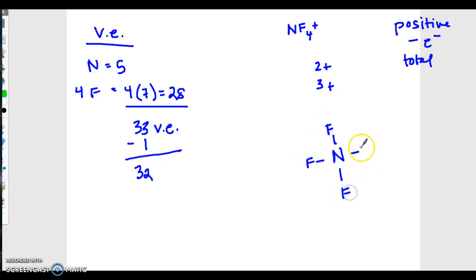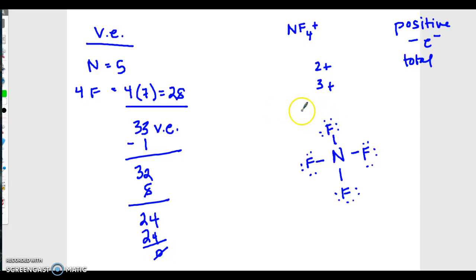When I have those 4 bonds on nitrogen, that places 8 of those electrons in bonds, and now I have 24 left that I can place in lone pairs around the fluorine atoms, and each of them will take 6. 6 times 4 is 24. So I've placed those 24, and I am good. I've placed all 24 valence electrons that I have.